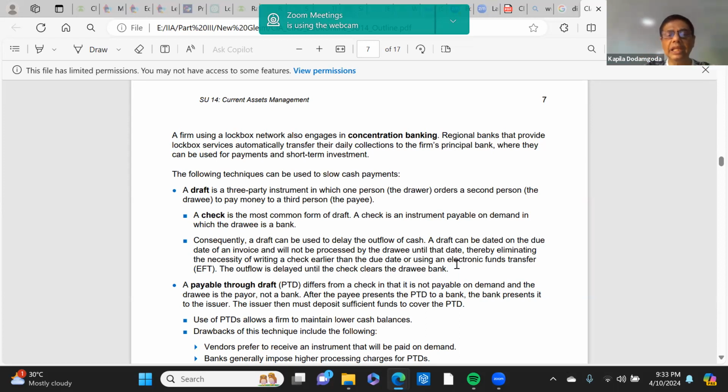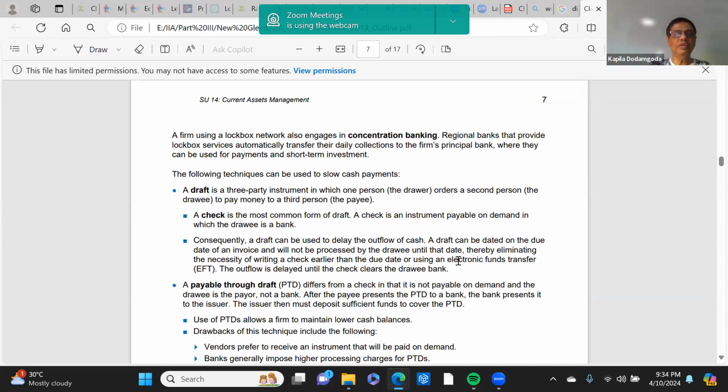And using an electronic fund transfer, EFT, money goes fast, immediately. It's hundreds of millions of transactions that happen in a day. So with money going faster, even a check that takes a couple of days, you may include huge financing costs. So if you do an electronic fund transfer, immediately the funds go.